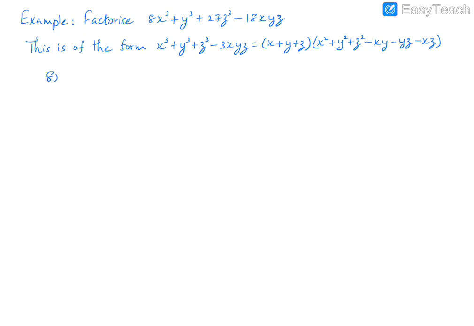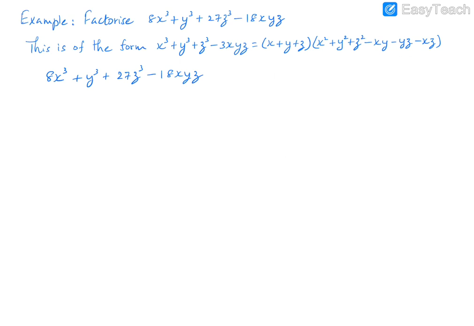So we'll start with our given expression, which is 8x cubed plus y cubed plus 27z cubed minus 18xyz.